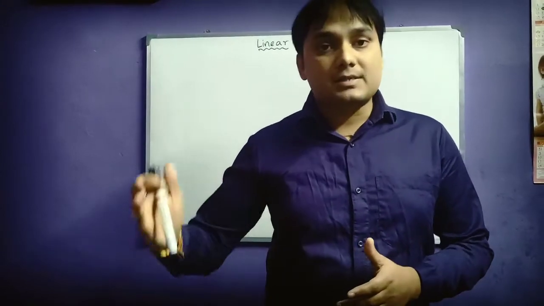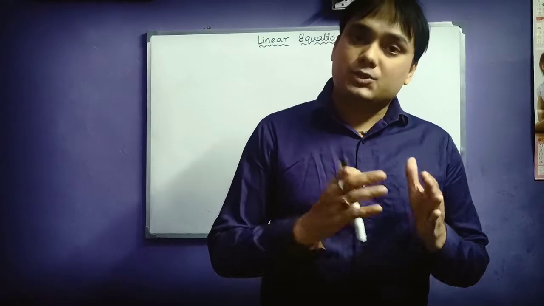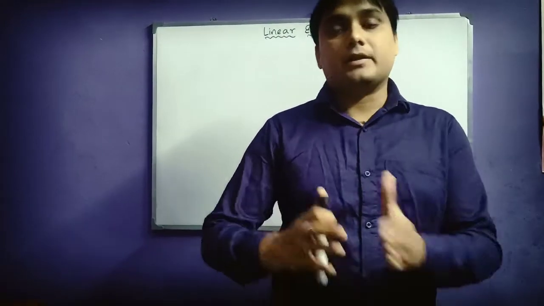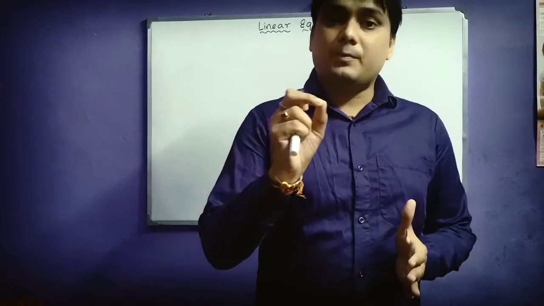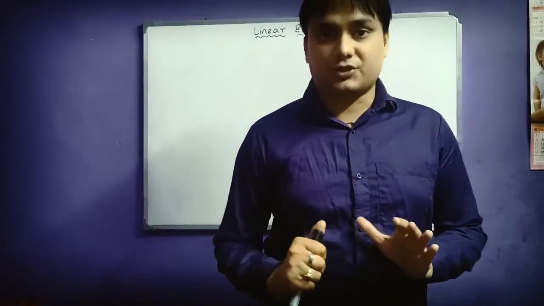And an equation has two parts: the left hand side and the right hand side, and in between we put an equal to sign. Both sides are equal to each other.